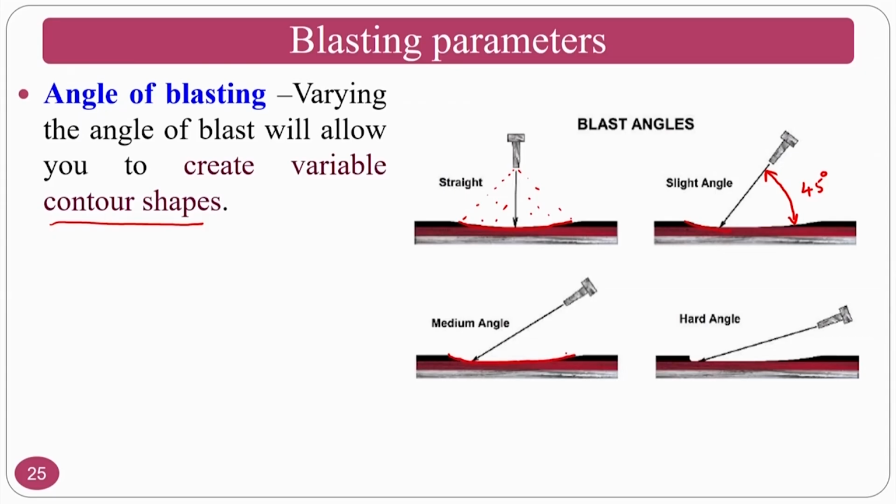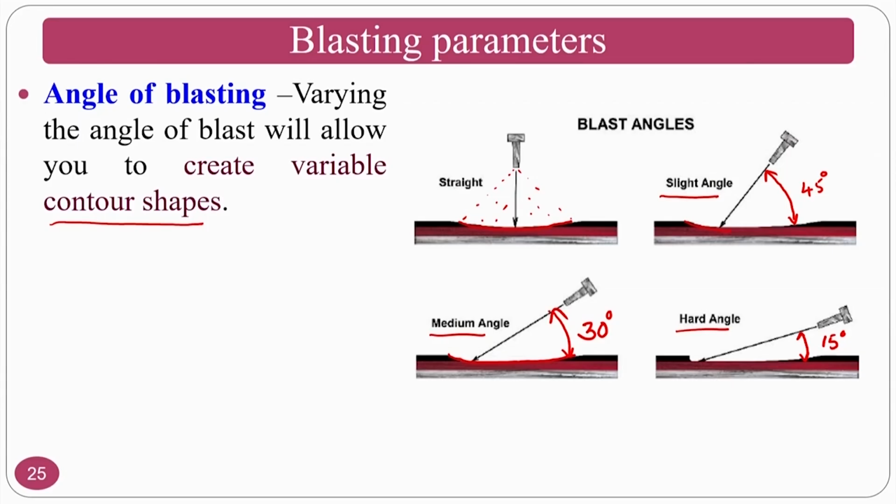If my requirement of the contour on a particular surface is different, you can go for a slight angle, a medium angle or a hard angle. Hard angle means something like 30 degrees. The degrees I am writing here are approximate, not exact. So you will get the contours.